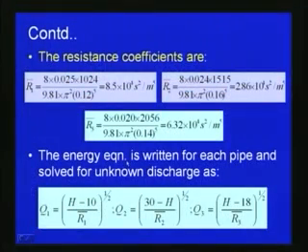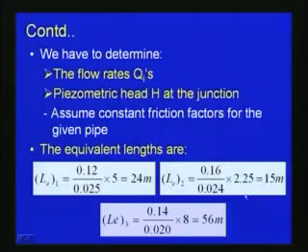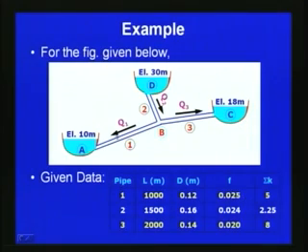As we have seen earlier, from the energy equation we can write Q1 is equal to, for the first pipe, H minus 10 divided by R1 bar, to the power 1 by 2, and Q2 is equal to 30 minus H divided by R2 bar, to the power 1 by 2, and Q3 is equal to H minus 18 divided by R3 bar, to the power 1 by 2.